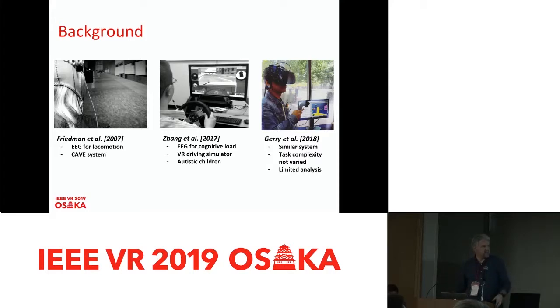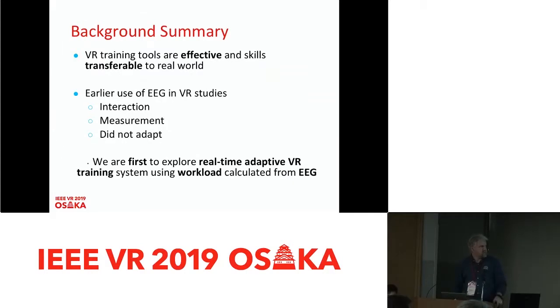And on the end, Linda Jerry's project, this is actually a project from our lab that was basically a beta version of what we're trying to build. In this case, we didn't change the task complexity, and we didn't do any user study as well. So the summary is that you can have effective VR training tools. There's been some use of EEG in VR studies, but we think we're the first to build a real-time adaptive VR system that uses workload from the EEG to adapt the training environment.